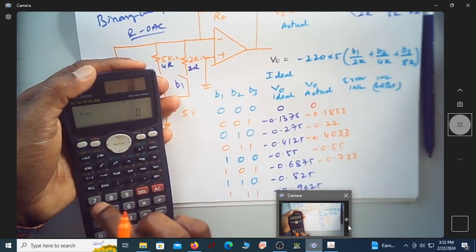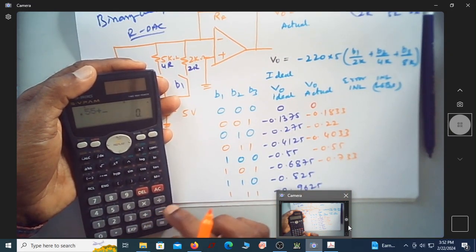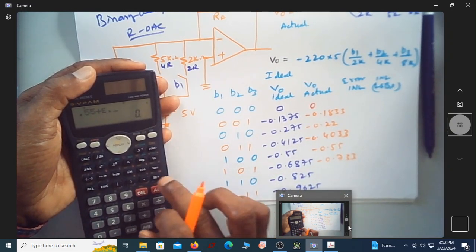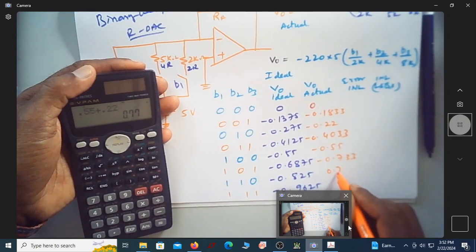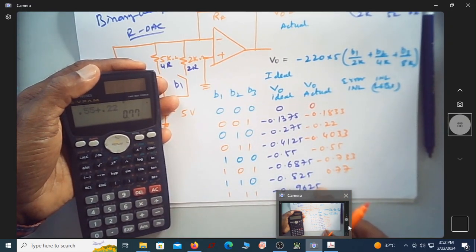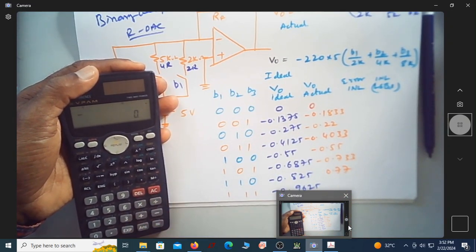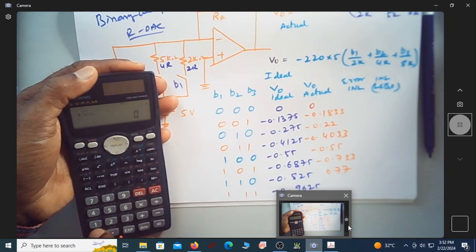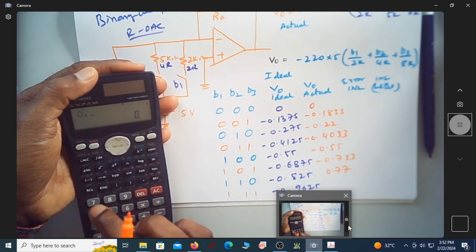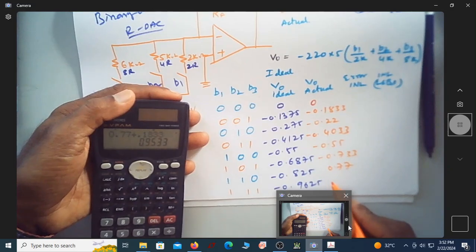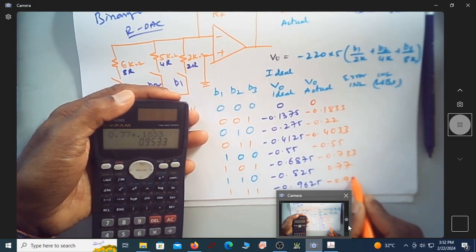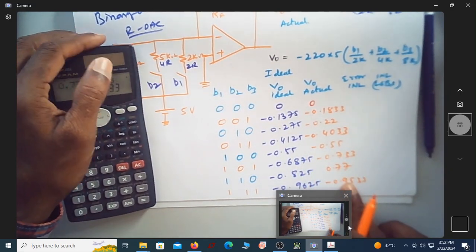This will be 0.55 plus 0.22, it's actually 0.77. So this will be 0.77 plus 0.1833. Can you see it is minus 0.9533. So these are the actual values.